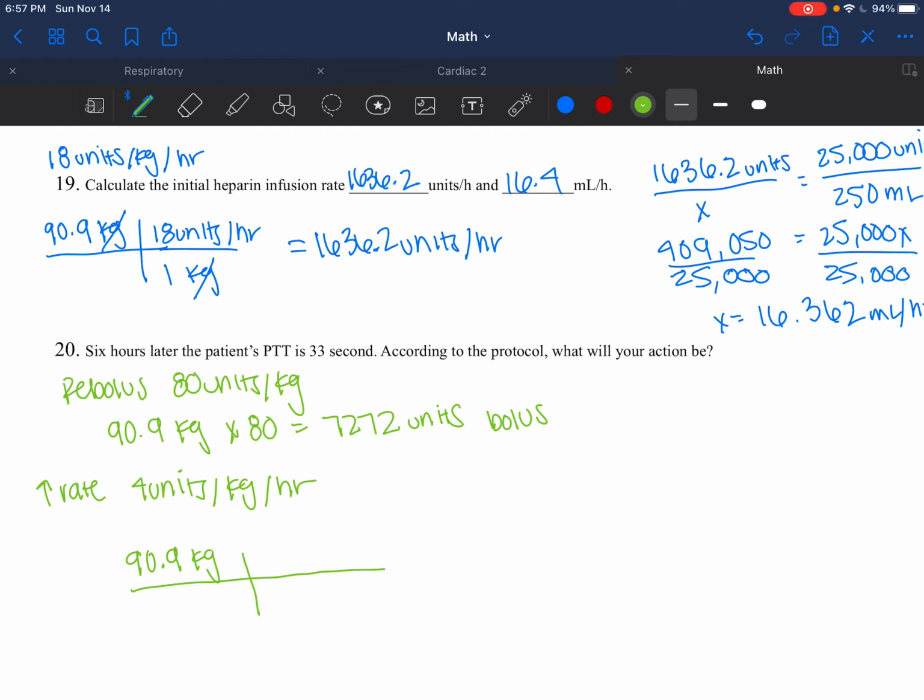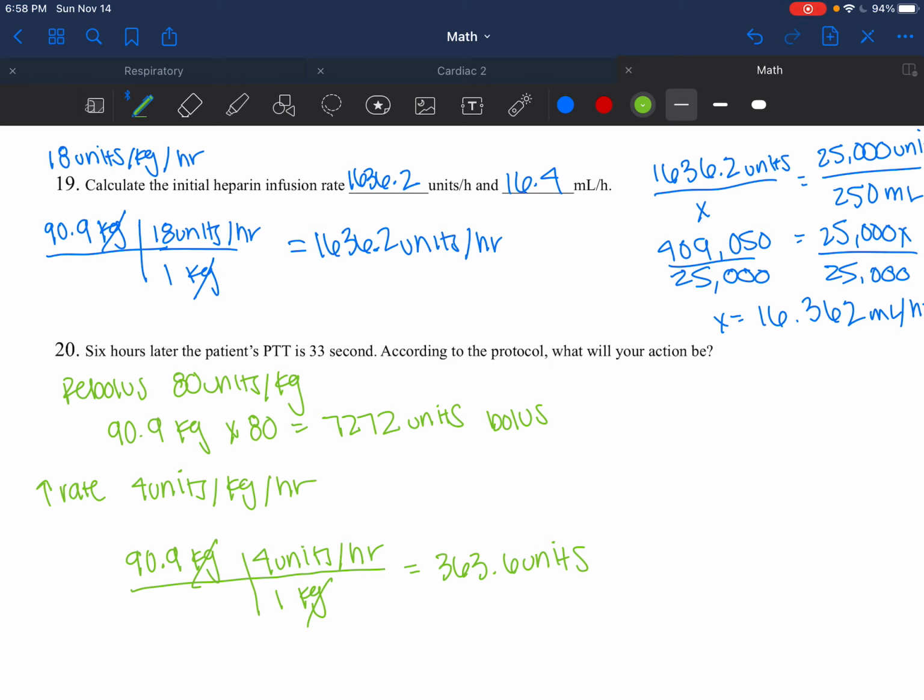I need kilograms on the bottom, and it says 4 units per kilogram, so I'm going to do per kilogram, 4 units per hour. Once we multiply and divide, that will cancel out kilograms and give us a number in units per hour. So 90.9 times 4 divided by 1 is 363.6 units.